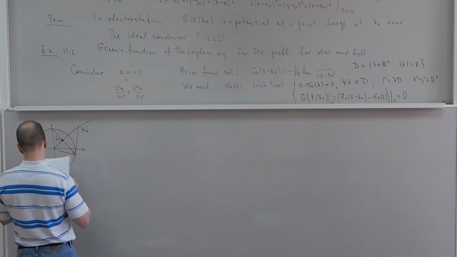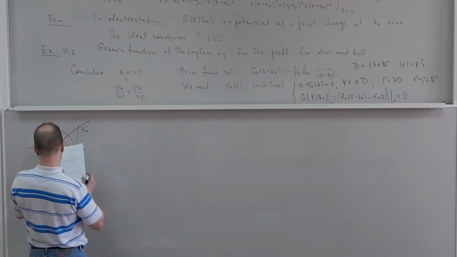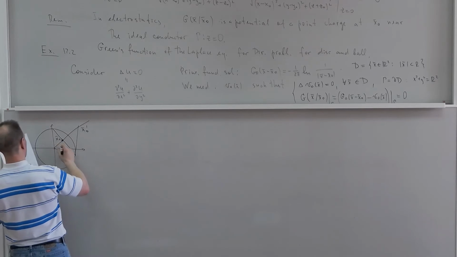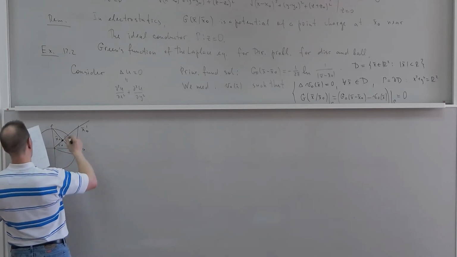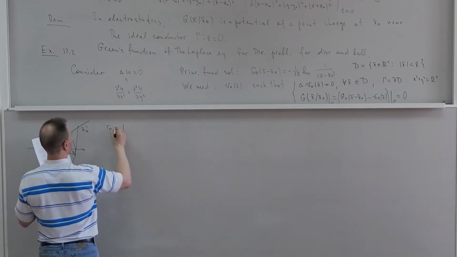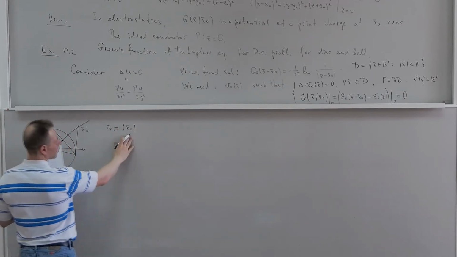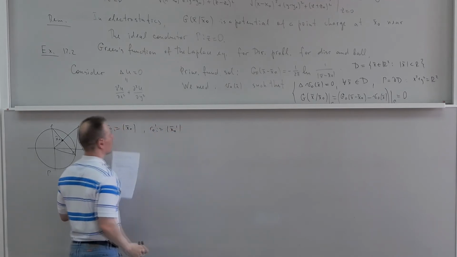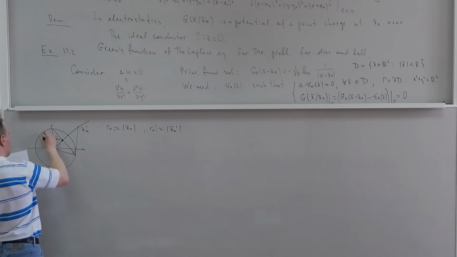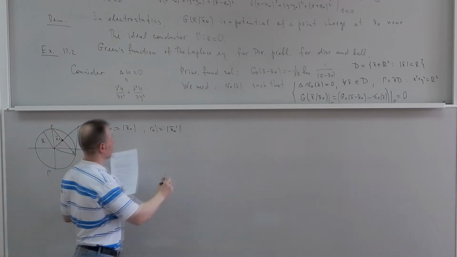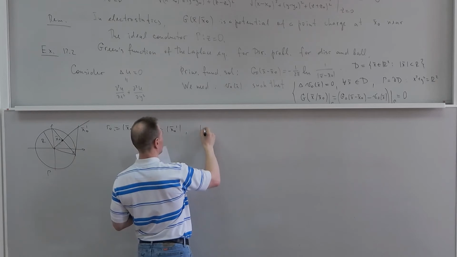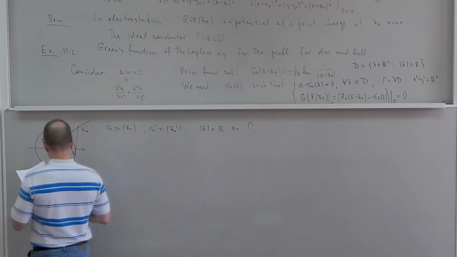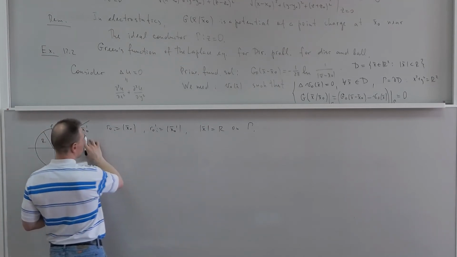So we have the following relations. There is R0, the absolute value of x0, R0 prime, the absolute value of x0 prime, and R, the radius of the circle, and we have the relation by definition of this point.